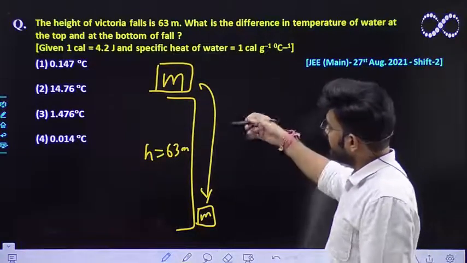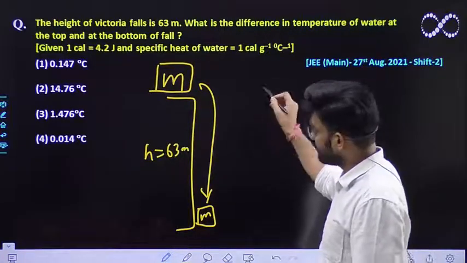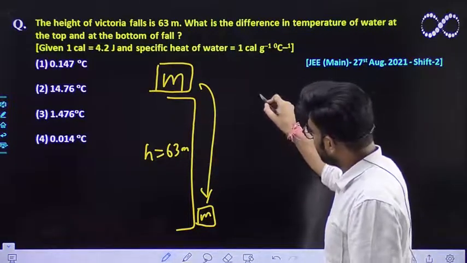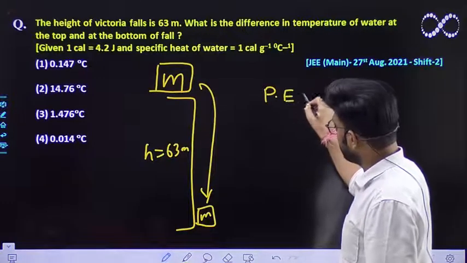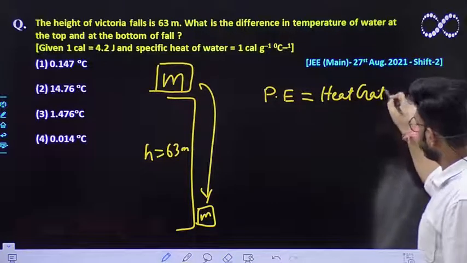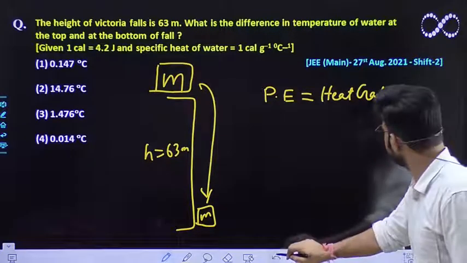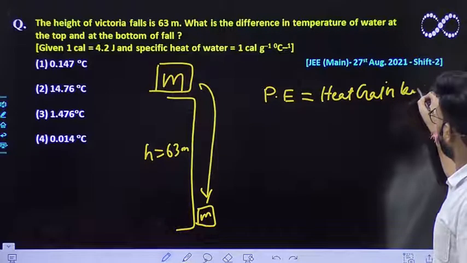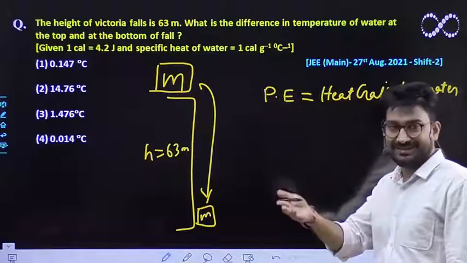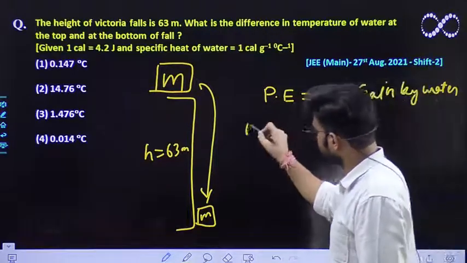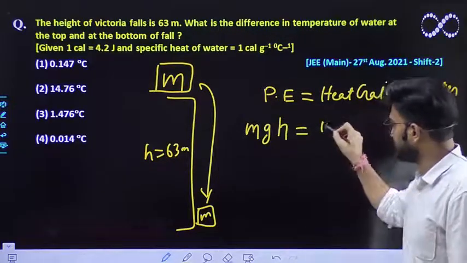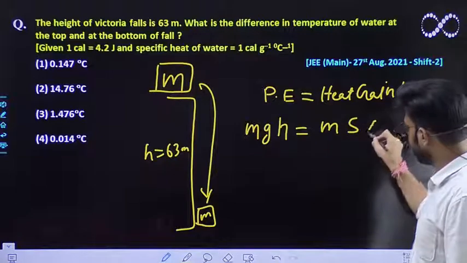And heat gain by this mass can easily be expressed in terms of m s delta T. So the potential energy must be lost in the form of heat gain by water. Obviously we have neglected kinetic energies. So the potential energy is m into g into h. What is heat gain? It must be equal to m s delta T.